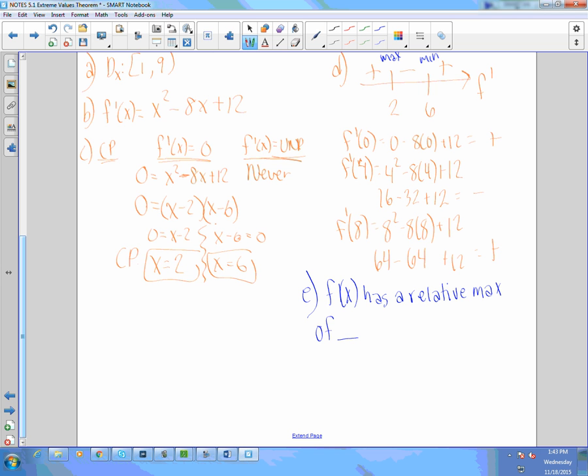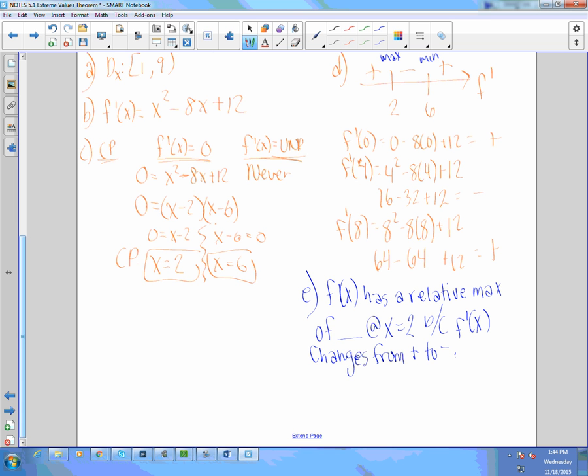blank, we'll put that in a minute, at x equals 2 because f' changes from positive to negative. We just have to find the value of that blank.